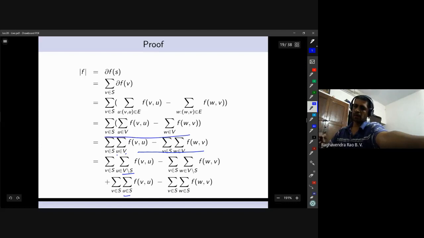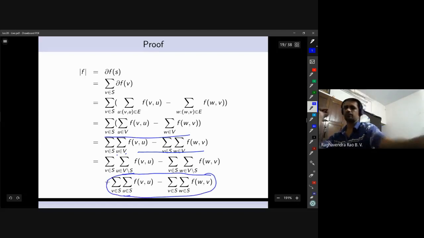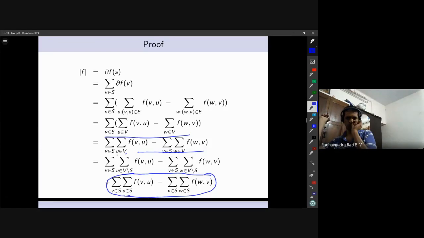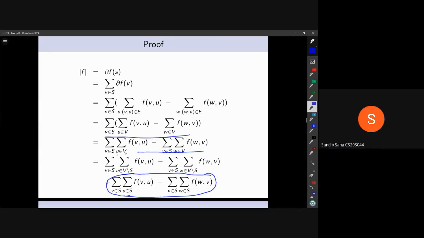So now what is this value? Can somebody tell me? Zero. Yeah, 0. Any takers for that statement? Because we are calculating f(S,S) minus f(S,S).